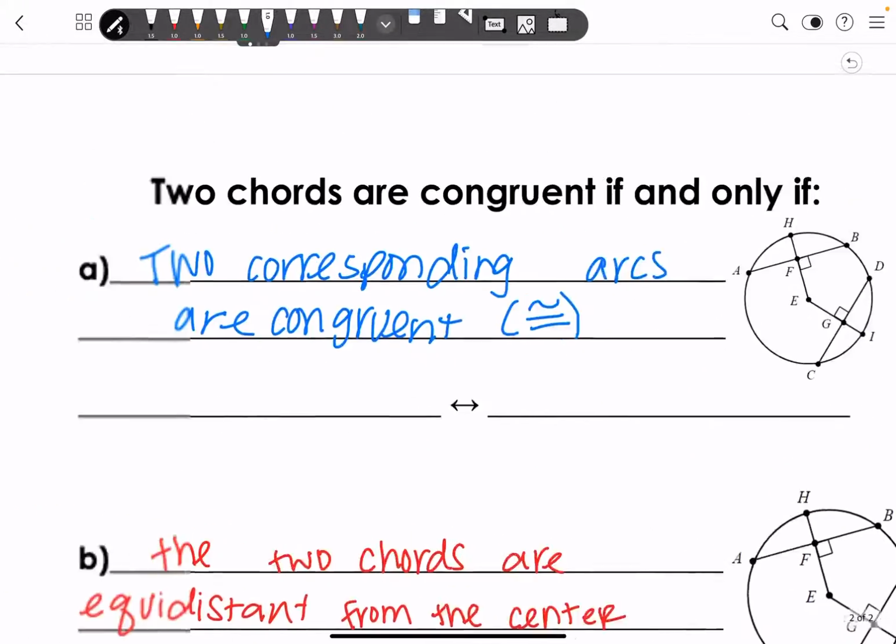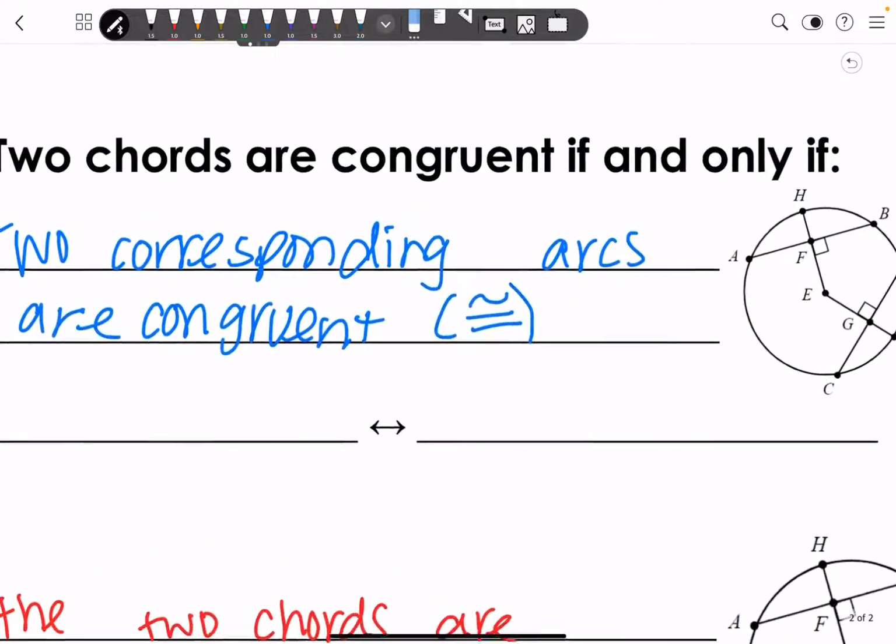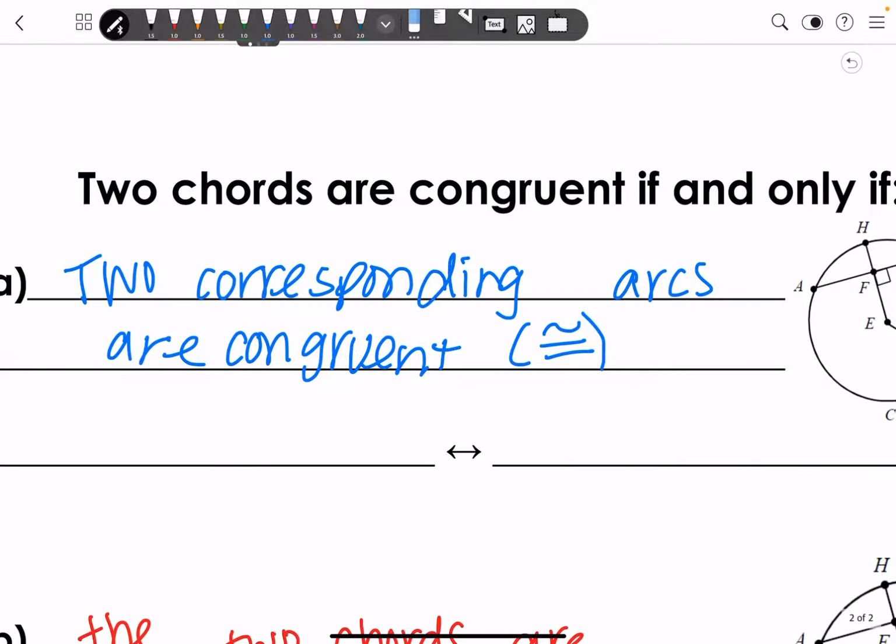All right, so the first one that we're going to do is that 2 chords are congruent if and only if 2 corresponding arcs are congruent.